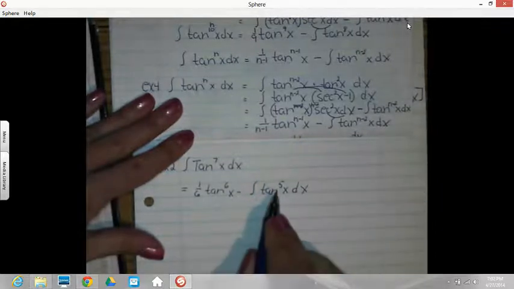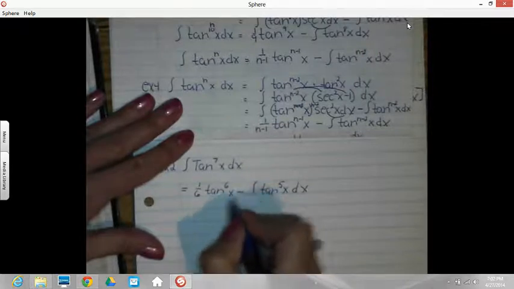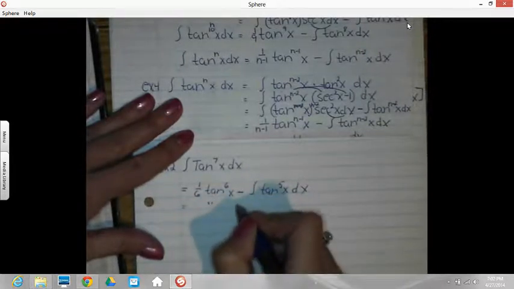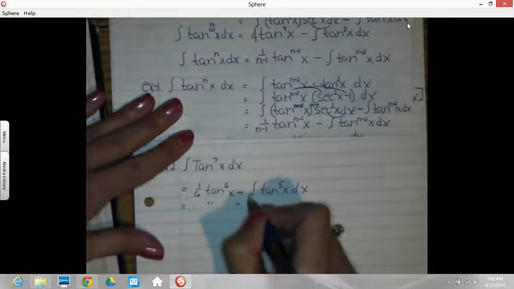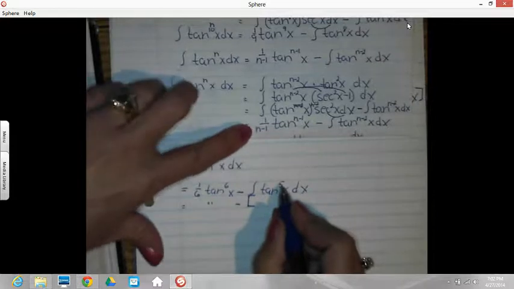So I'm going to apply the reduction formula here with a negative out in front, so I'm going to distribute a negative. I'm just going to ditto that beginning, a negative, and then brackets, reduction formula here. n is now a 5.